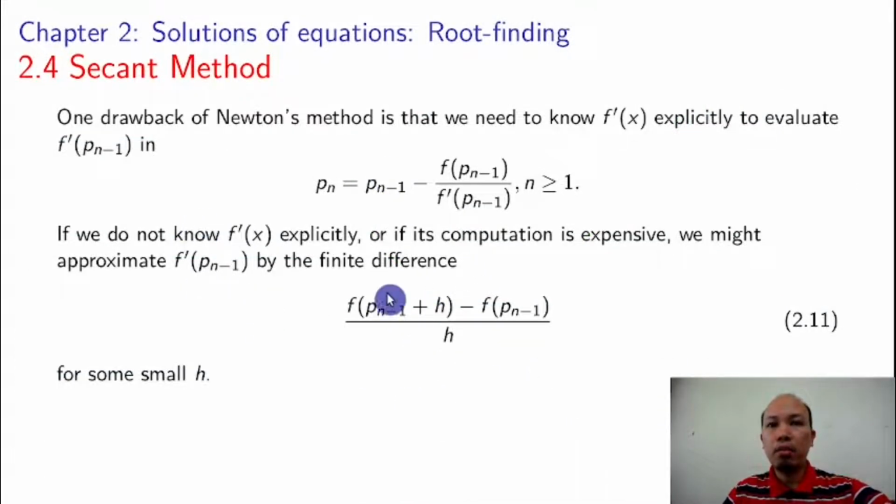so if we approximate the first derivative by the finite difference, what does this mean?